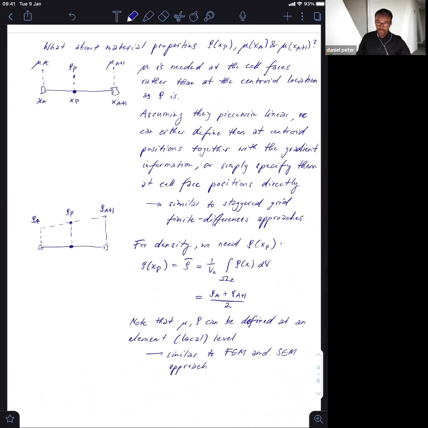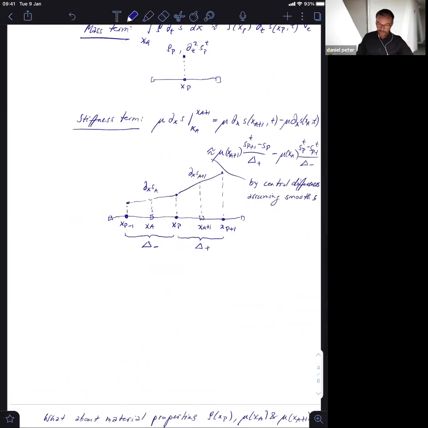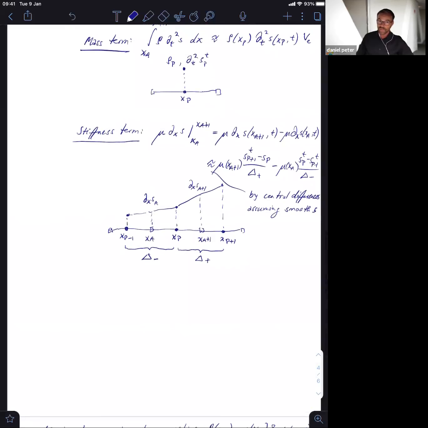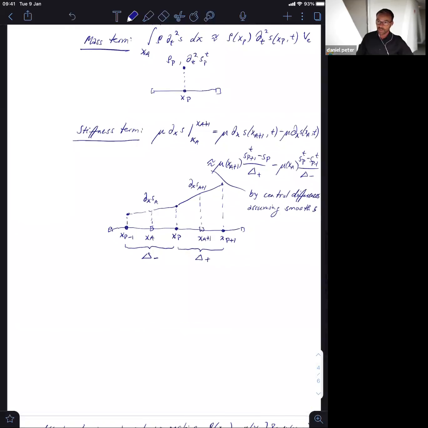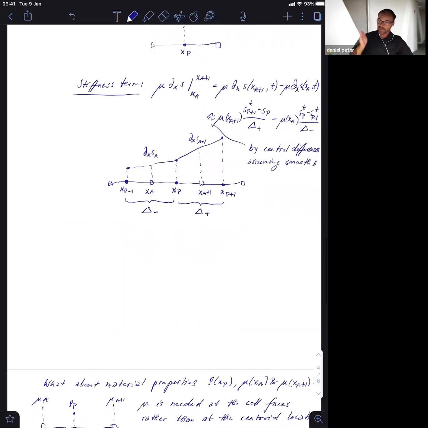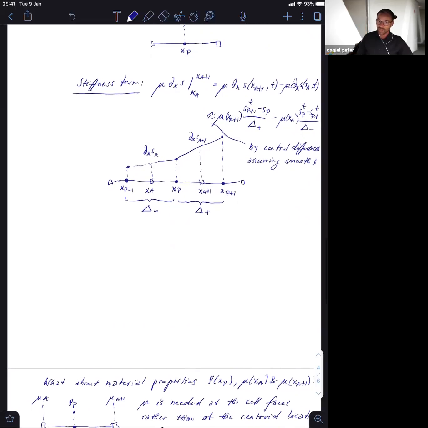And then basically what you have to look into is where do we need the material properties. For the mass term, we need it at the centroid position, where for the stiffness term, we would need these at the cell face positions, or the face centroid positions.